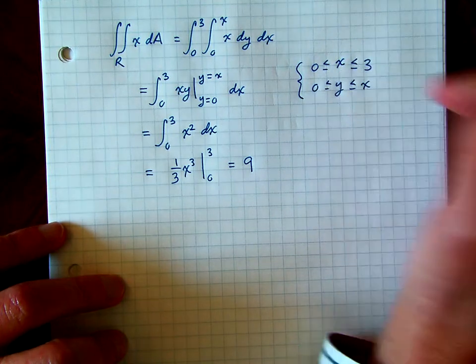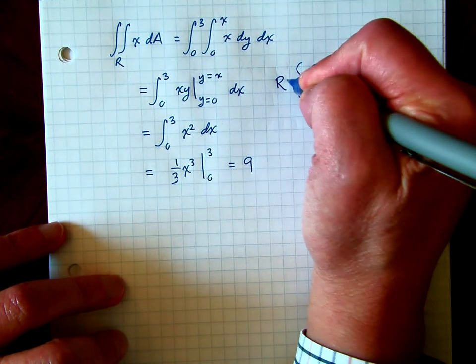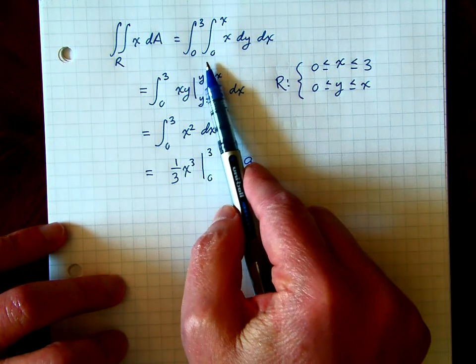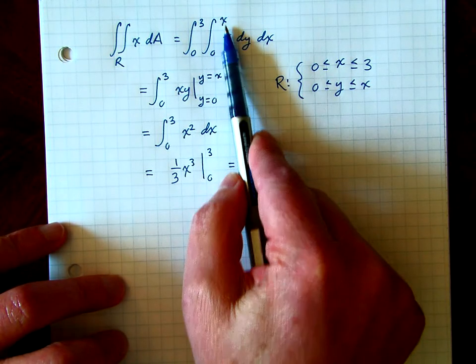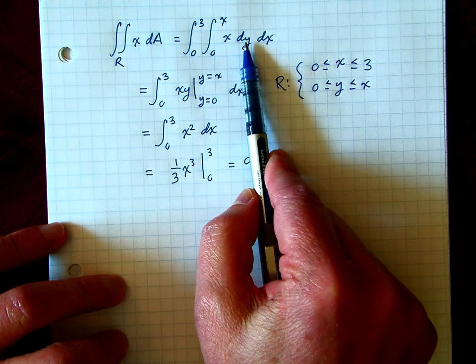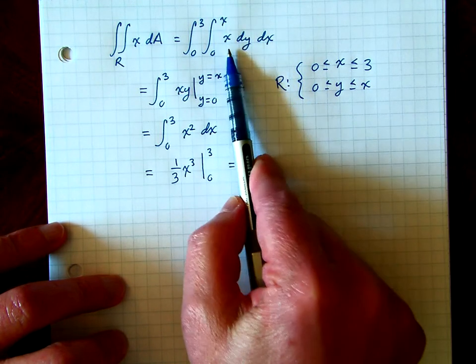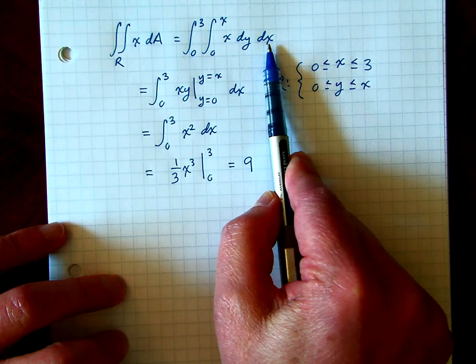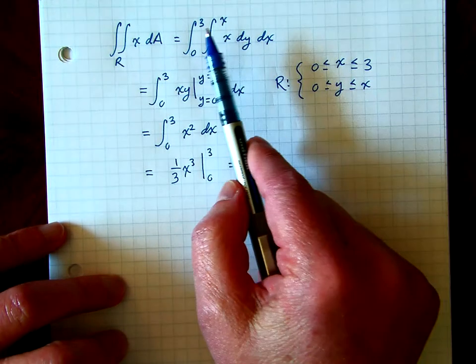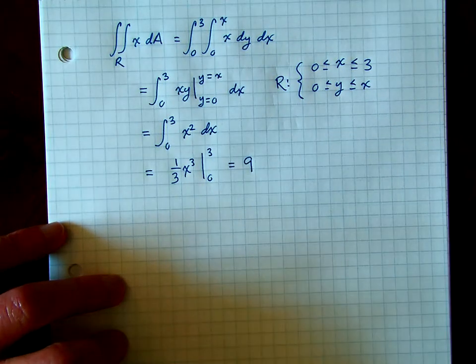These two together specify R. Now mind you, the simple fact that there's an x in this limit of integration tells us this has to be y, because we have got to get this into the problem before we evaluate the x limits. Otherwise, we'd have variables left over in our double integral.